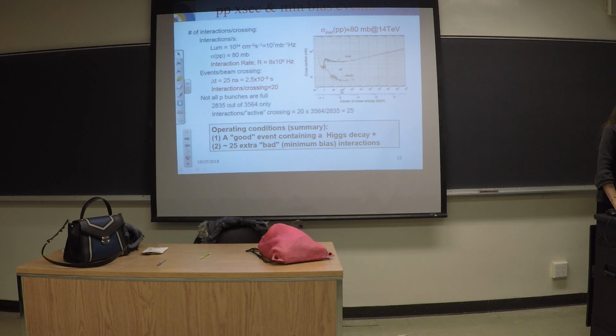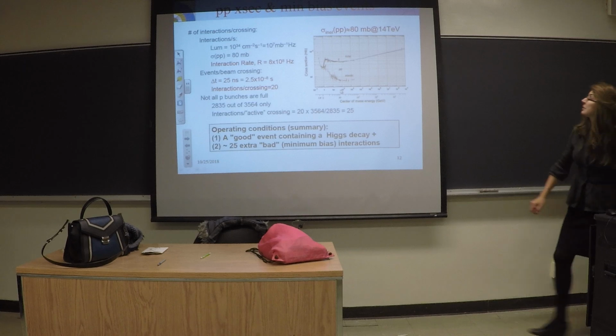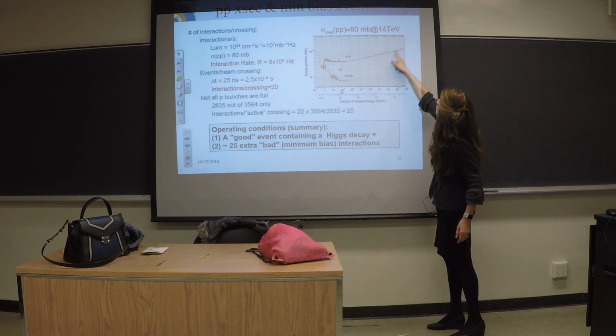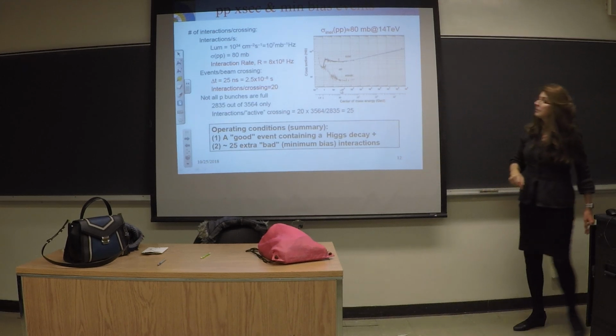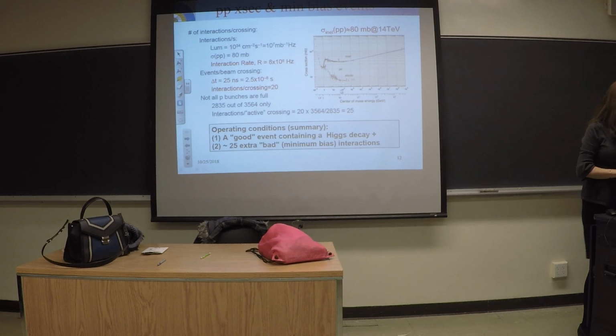So you can see here the PP cross-section and minimum bias events. The rate here at the edge is measured from cosmic rays. We measure this region, and we can see that the interaction rate, the luminosity at the LHC at top luminosity, was 10 to the 34. Right now they just finished the run, by the way.